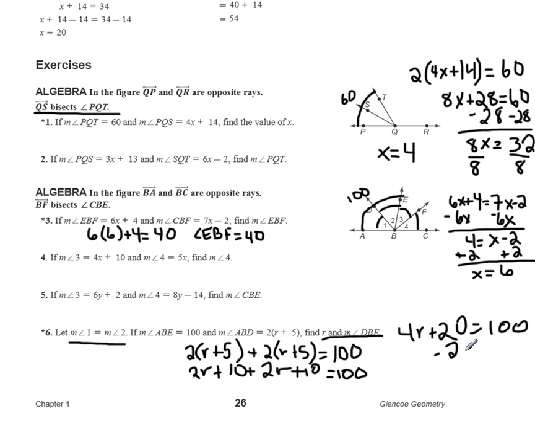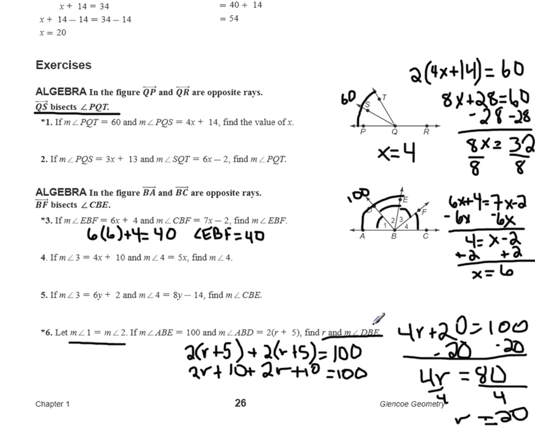Get rid of the 20. 4R equals 80. R equals 20. Okay, that was one of our questions. Find R. So R equals 20.